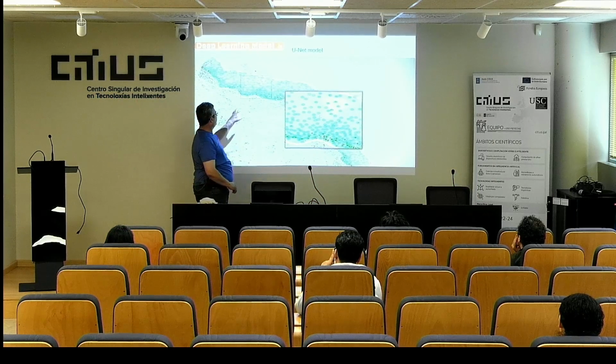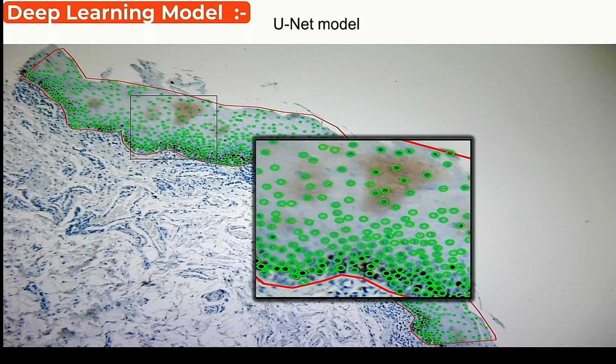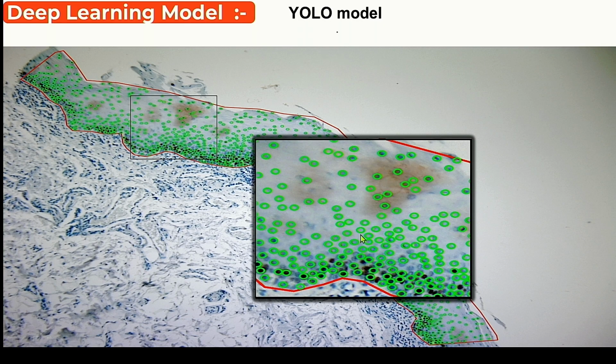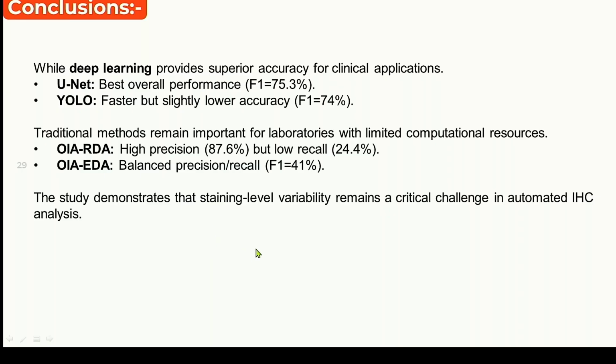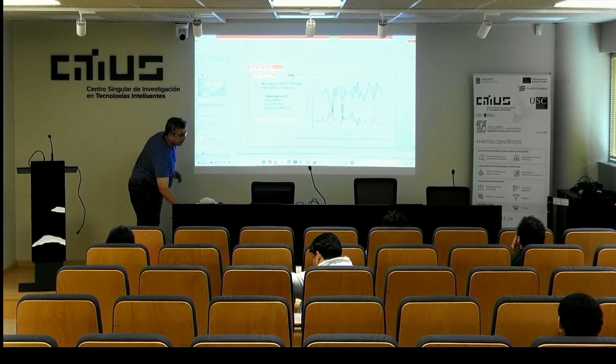After applying the deep learning on the whole image, we get this result for U-Net, which detects the cells, and this is the result for YOLO. There's a little bit of difference between them, but as we can see, deep learning is supervised and accurate for clinical application, and U-Net has the best overall performance.